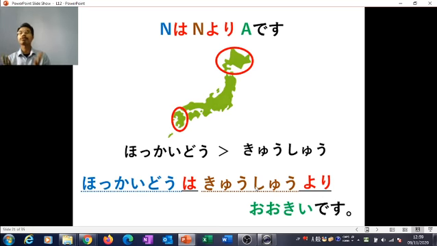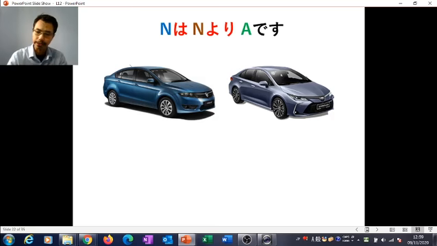What you need to be careful about with this kind of grammar is to make it clear which one you are going to compare, and which one is the benchmark for your comparison. Usually we put the benchmark word before the particle yori. Another example, if you see two cars here, one is Proton, one is Toyota.